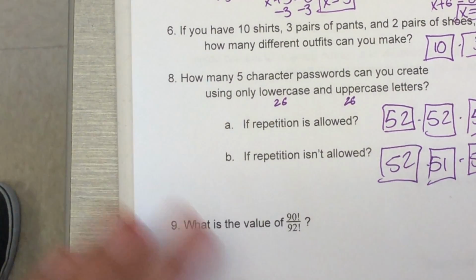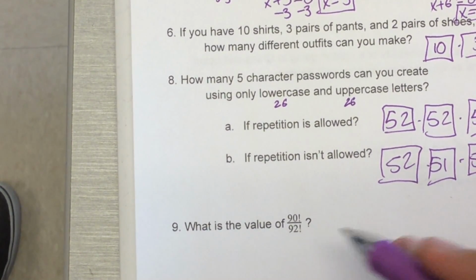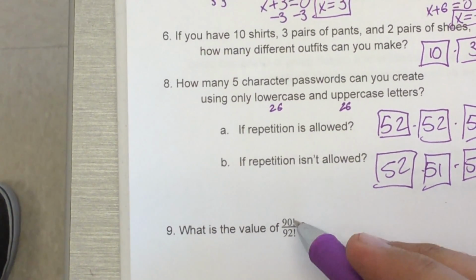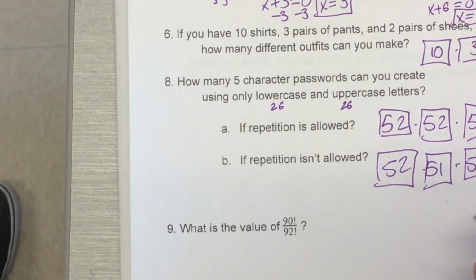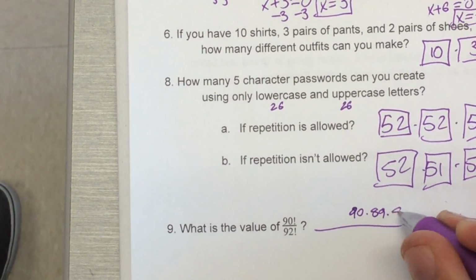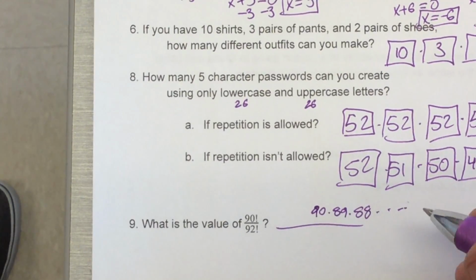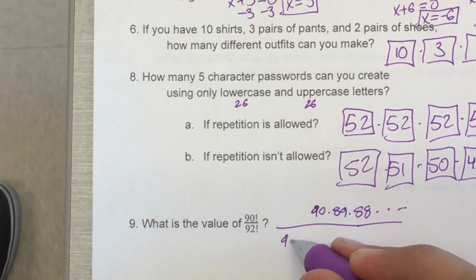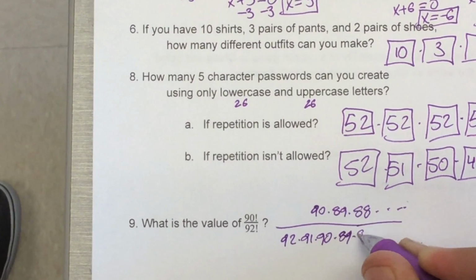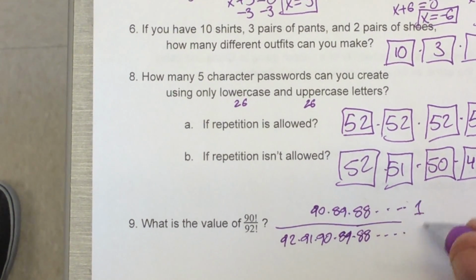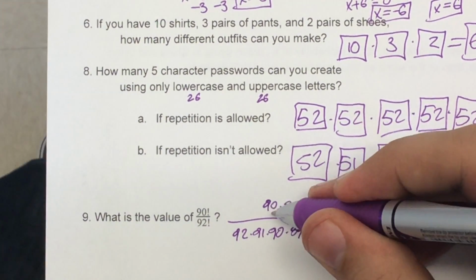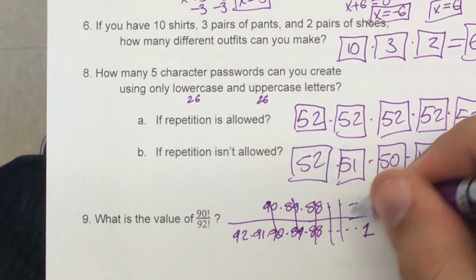Little factorial math here. Value of 92 factorial divided by 90 factorial. You can try to put this in your calculator. It will give you an error just because these numbers are so big on top and bottom. But we can do this without a calculator. It's 92 times 91 times 90 times 89 times 88, all the way down to 1, over 90 times 89 times 88, etc. But we know that these all cancel out when we divide them.